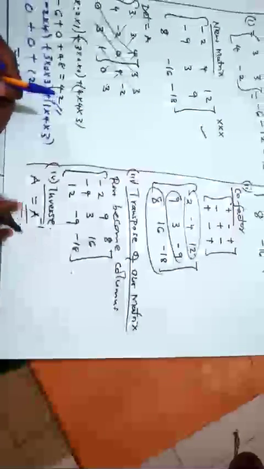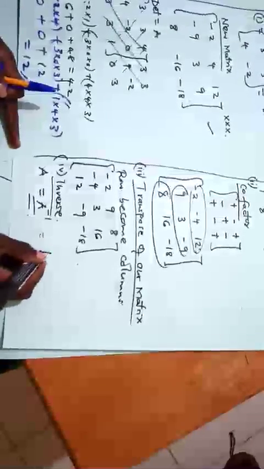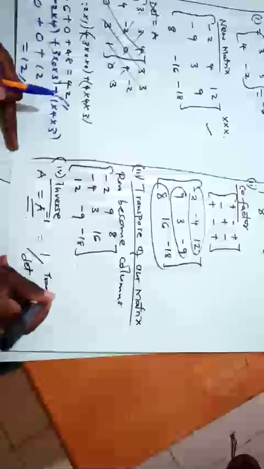The inverse is going to be given by 1 over the determinant, then the transpose. This transpose matrix we have is going to be given that way. So how do we go about that?